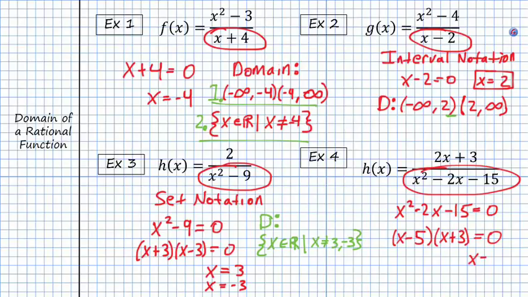Then you get x is equal to negative 3 and x is equal to positive 5. So my domain is going to be, in set notation again because it's a little bit easier, x belongs to R such that x cannot equal negative 3 or 5. So that'll be my answer.